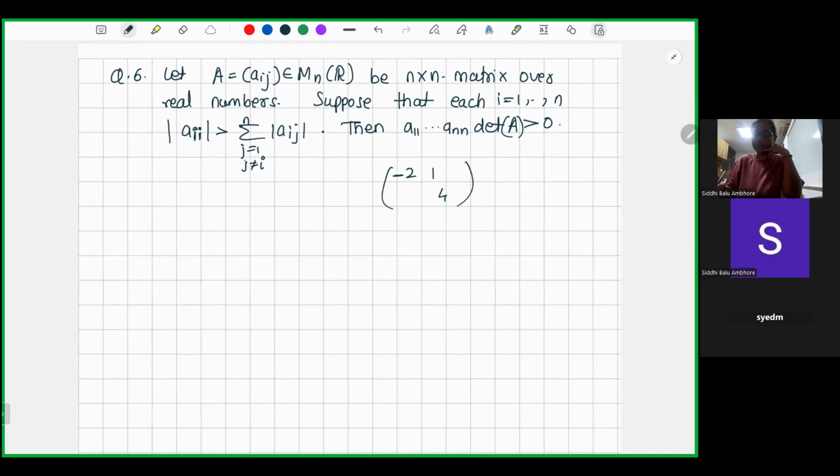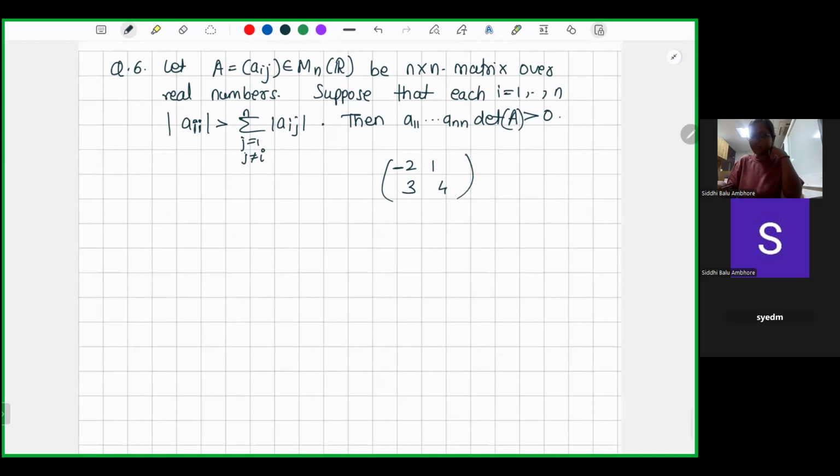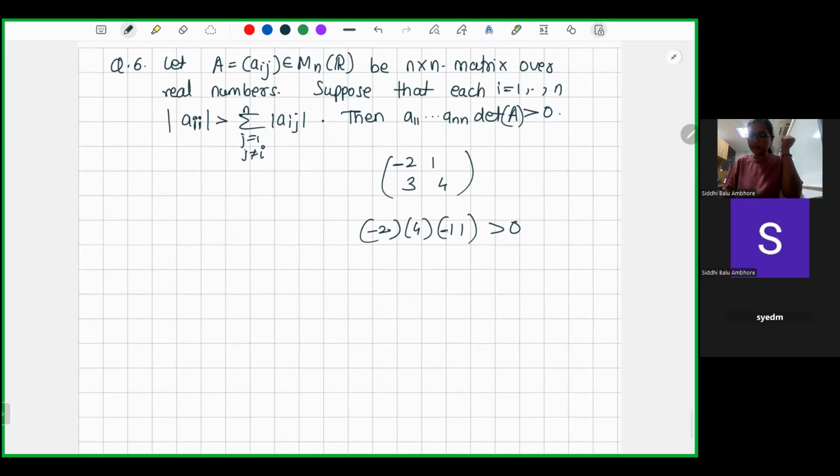We'll check this statement. 2 must be greater than or equal to the modulus, so suppose take 3. And what they are saying is the product of a11 to ann into the determinant of A must be greater than 0. So a11 ann is -2, 4, and the determinant of A is -8, -3, so that is -11. This is anyway greater than 0, right?